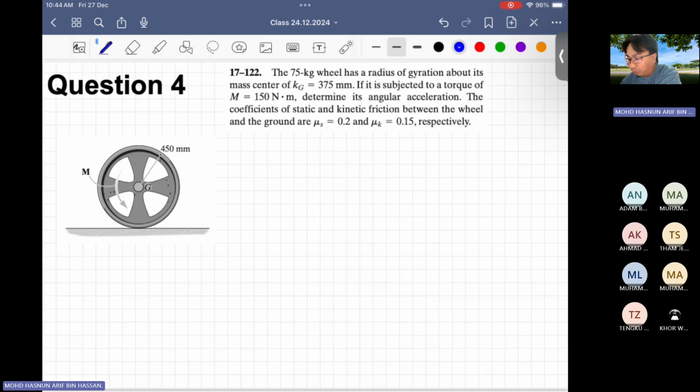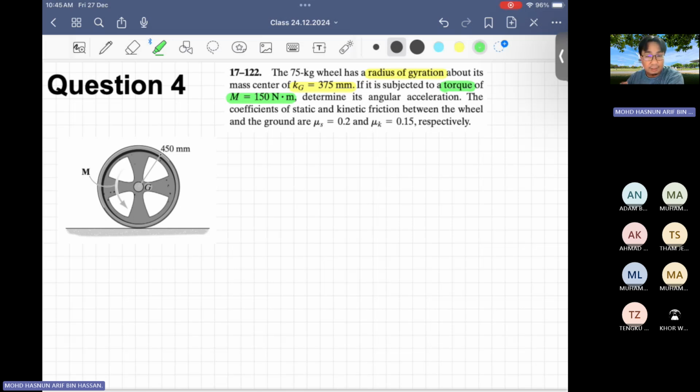You should notice that in this question, the radius of gyration is given, which is 375 millimeters. So definitely we know that this is a non-homogeneous object. If it is subjected to a torque, now you can see the word used here is a torque, and it is given M equals 150 Newton meter.